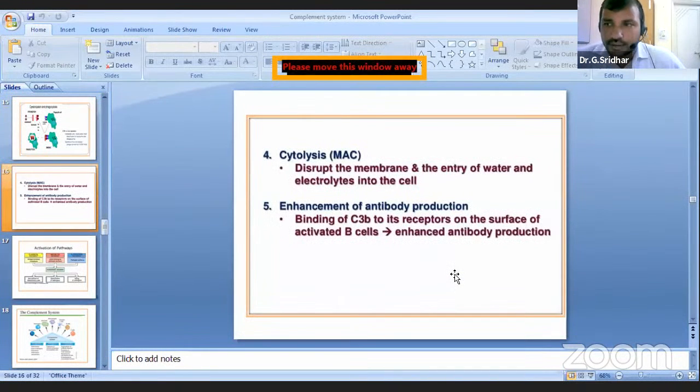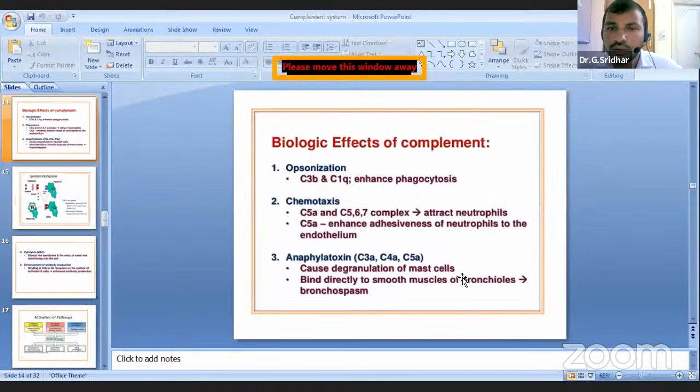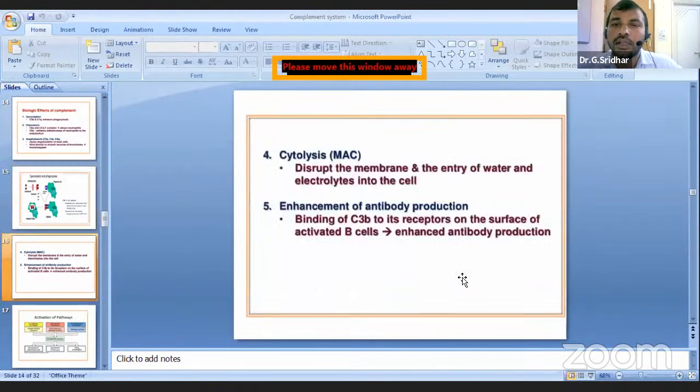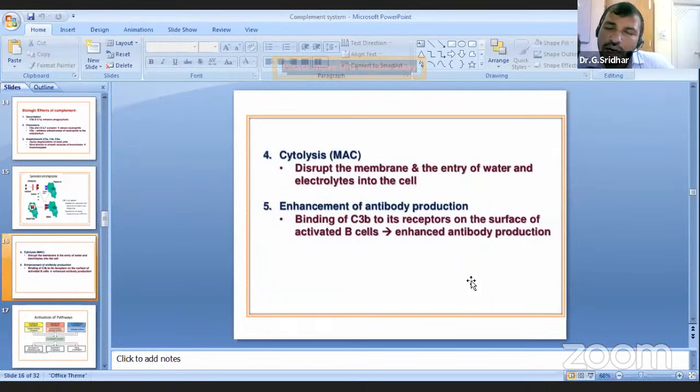Then cytolysis. That means, in addition to opsonization, chemotaxis and anaphylatoxin, there is one more function of the complement proteins, called cytolysis. How will the complement proteins lyse the cell? As I said, finally the complement split products C5b, C6, C7, C8 and C9 will make a pore-like structure.